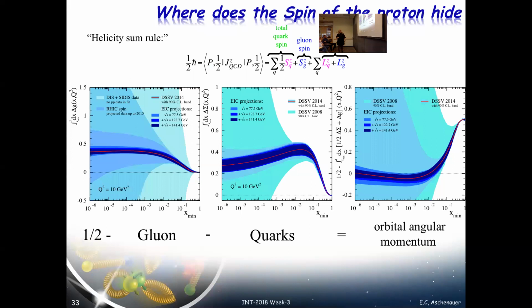So basically you subtract the delta sigma, the delta g, and you see the 1/2 is there, and you get this. If you have only this, you would anticipate that you have a lot of orbital angular momentum, and you see it only saturates in this model if it becomes flat.